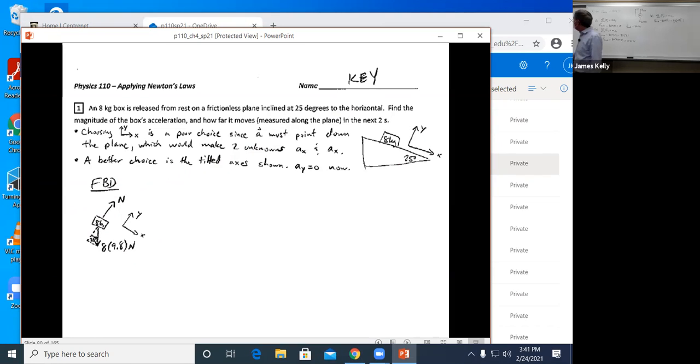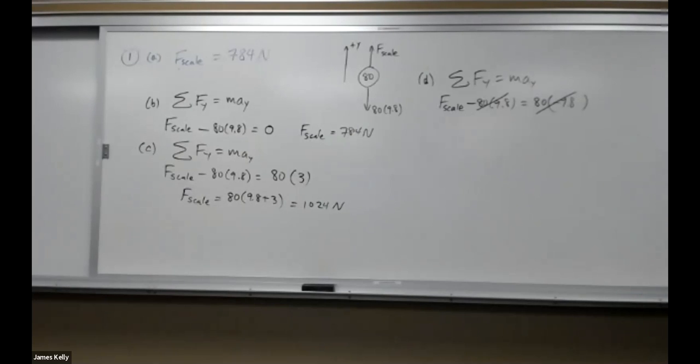And I want to figure out what forces are acting on the box. And of course, it's near Earth, so it's got a weight force. And weight forces always point straight down towards Earth. It's a little bit messy there. Maybe I should draw it on the board so it's a little bit bigger. I'm not sure if it's clear enough that everybody can see it from home.